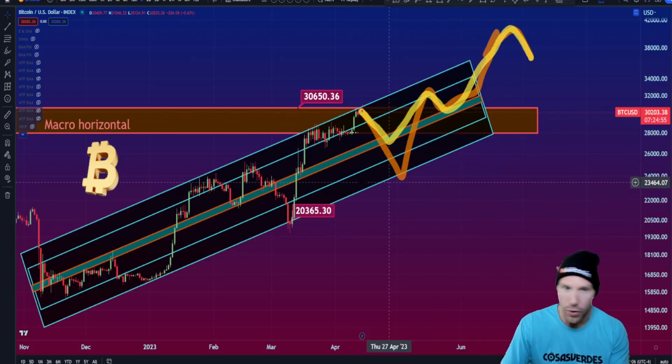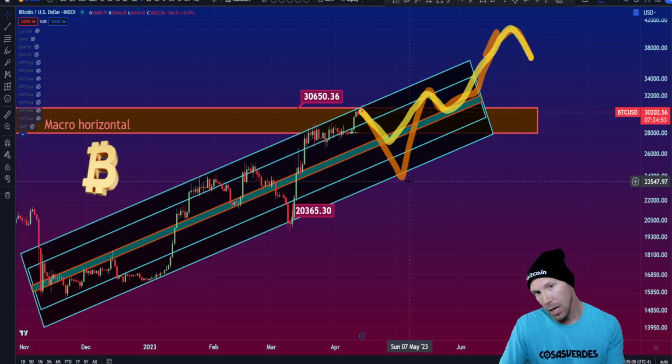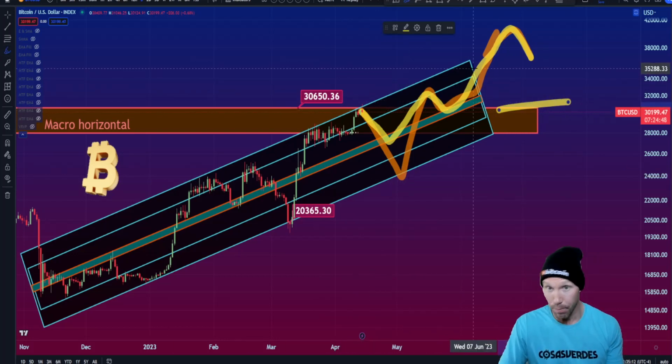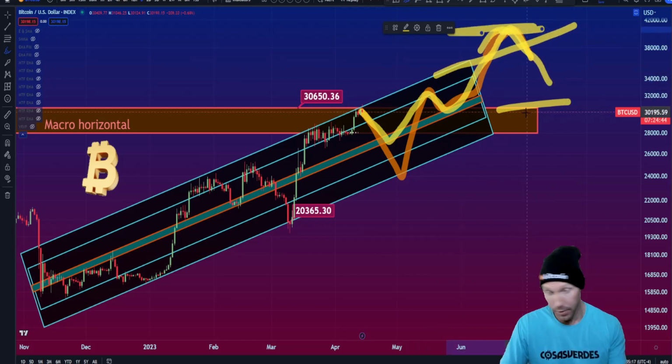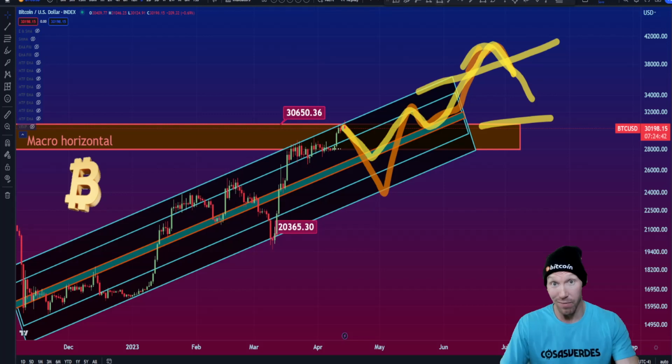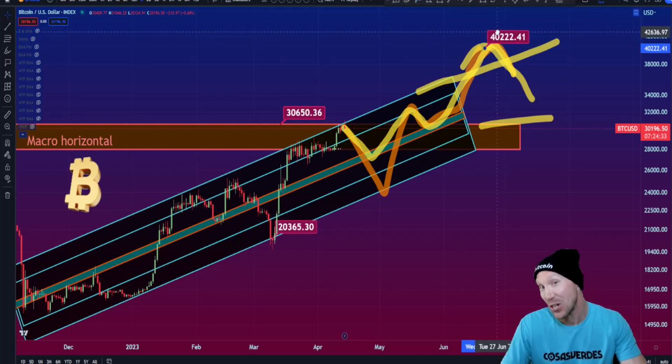So let's call those the same variant. You have some type of pullback, and you break out of this line, but perhaps you stay within the channel line and do a failure pattern above to hit 40K. Actually, this is a pretty damn good option. This isn't my favorite option, but I have to admit it probably is the most probable, which means it probably should be my favorite.